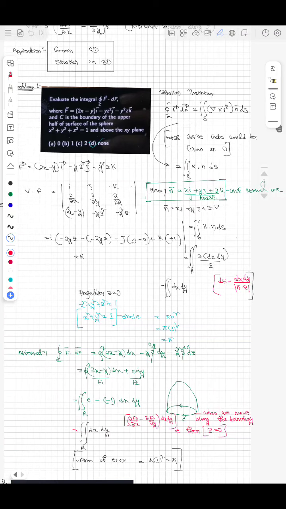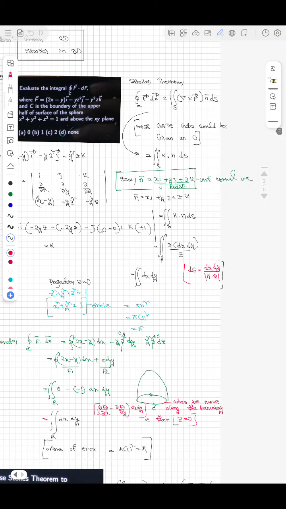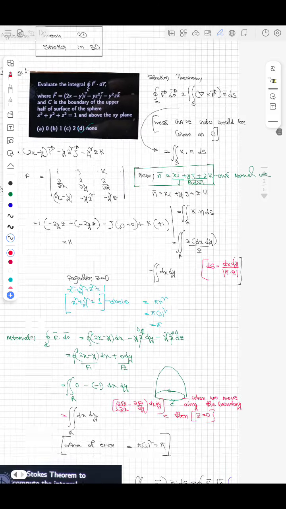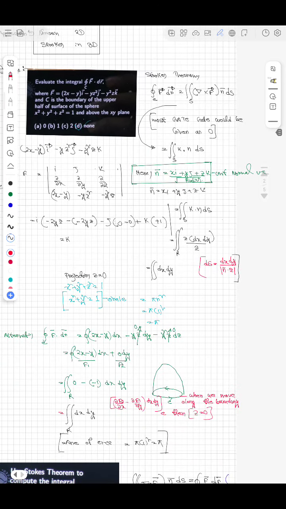Then putting the value, curl F equals k, so k dot n dot ds, and then the unit normal vector. So what you can see is the equation divided by the radius. Here the radius is given, x square plus y square plus z square, that is 1, simple. So that's why k dot n bar equals n divided by this.